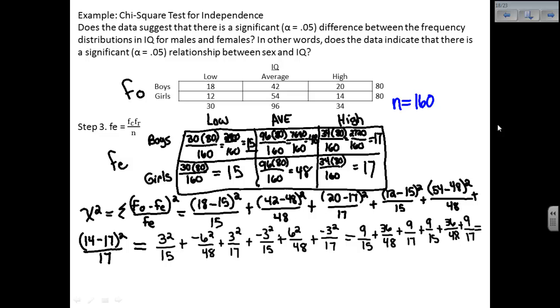So 9 divided by 15 gives you 0.6. 36 divided by 48 gives you 0.75. And 9 divided by 17 gives you 0.5294.